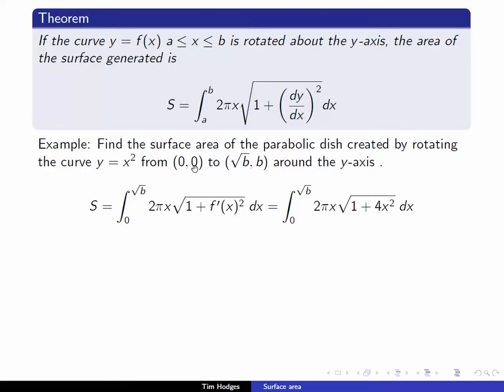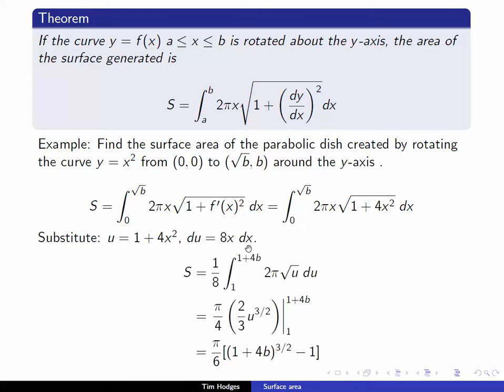So putting this into our formula, notice that these limits are x limits, so we're going to integrate from 0 to root b, 2 pi x times root 1 plus the derivative squared, which is, the derivative is 2x, so this is 4x squared. Now we have a fairly straightforward substitution. u equals 1 plus 4x squared, du equals 8x dx.